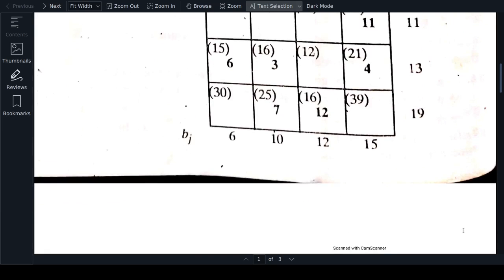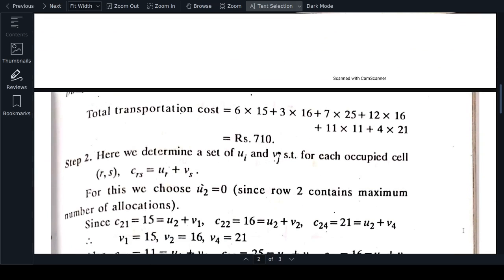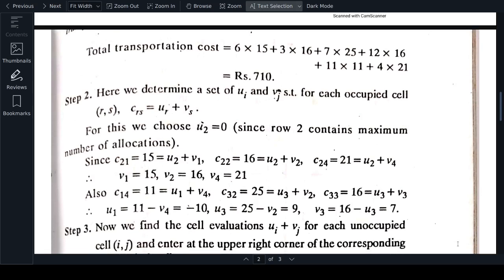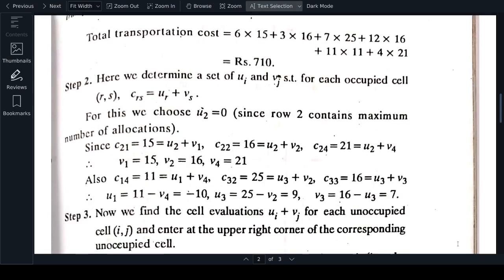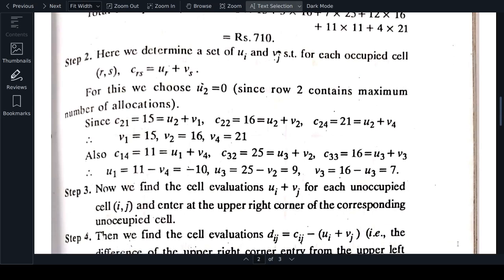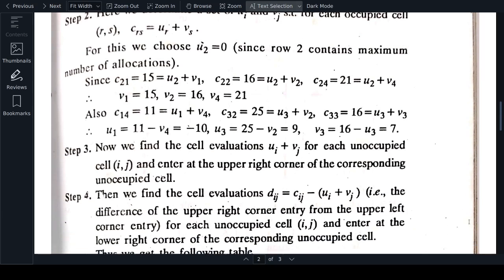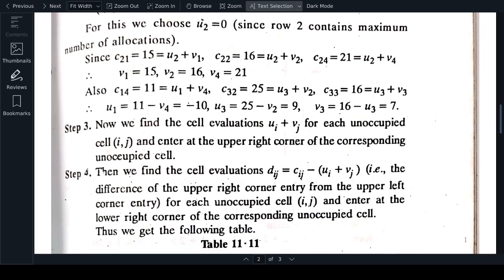The relation is Cij equal to Ui plus Vj. From this relation, we must first know at least one value of Ui or Vj, either U1, U2, U3 or V1, V2, V3.